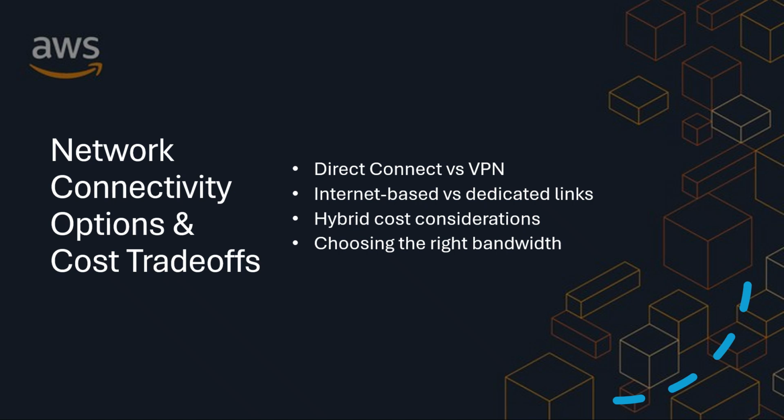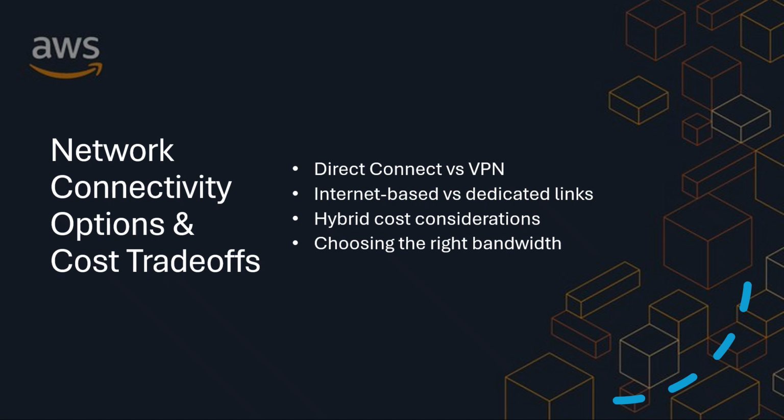When connecting on-premises systems to AWS, choosing the right connectivity option is essential. VPN connections are low cost and easy to set up but come with internet-based performance and potential variability. AWS Direct Connect provides highly reliable, low latency connections and may offer better long-term cost efficiency for large consistent data flows.